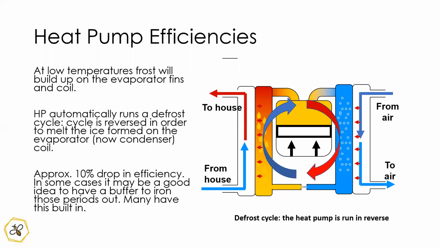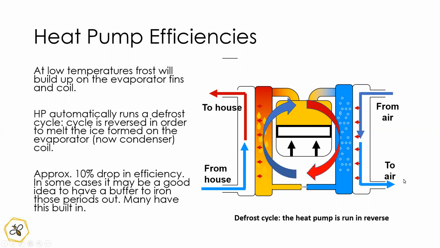So this is just touching on the defrost cycle. At low temperatures, the frost will build up on the evaporator fins, and a modern heat pump will automatically run a defrost cycle. In that cycle, it's reversed so that it melts the ice on the evaporator, which is then the condenser, and then you go back to heating.